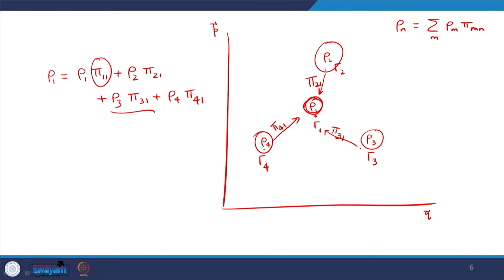So, although this may seem quite natural to be valid, we have to keep in mind that this is true for some sort of a stationary solution, right.